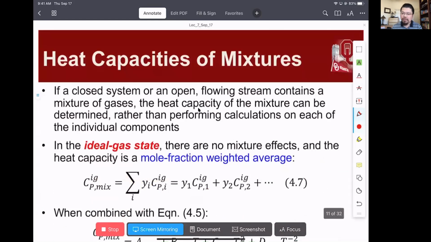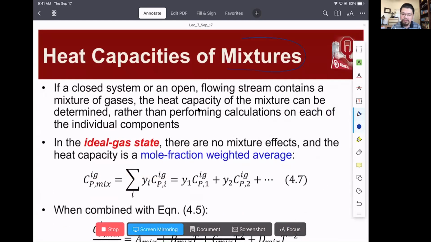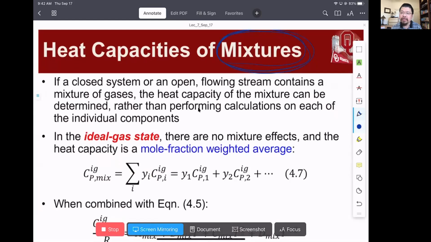How about mixtures? This is the first time in our thermal course that we start to look at mixtures. For the heat capacity of mixtures, of course, it is easier for us to understand ideal gas mixtures. For ideal gas, we don't have any molecular size, so we don't need to worry about the actual size of those molecules because they have infinite volume to occupy.